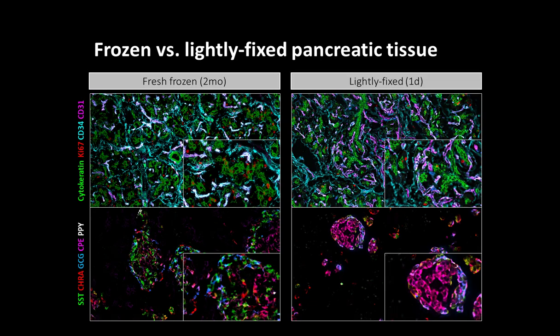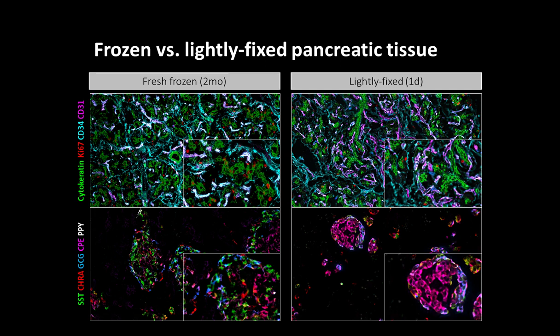And then I wanted to give you a quick preview of the reason that we've chosen to use this lightly fixed tissue. So you'll see here these two different tissues. Unfortunately, they're not from donors of the exact same age, but kind of a similar developmental stage. So on the left is just a fresh frozen tissue, which is one of the recommended starting points for the CODEX system.